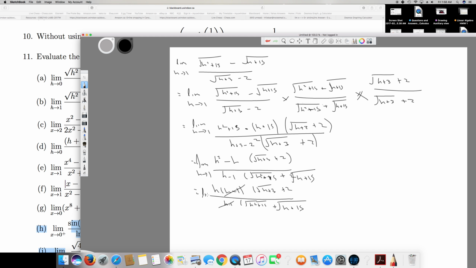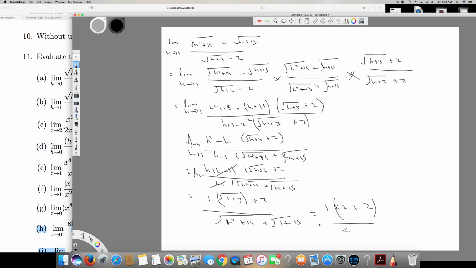Now I can plug the 1 value, so 1 square root of 1 plus 3 plus 2 over square root of, sorry, 1 square plus 15 plus 1 plus 15, which is going to be equal to 1 times 2 plus 1 times 2 plus 2 over 4 plus 4, so it's going to be 4 over 8, 2 over 4, 1 over 2.